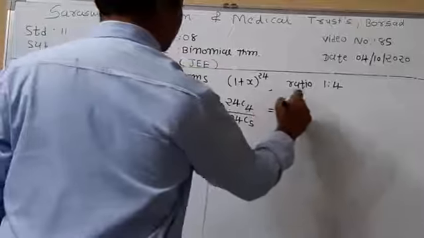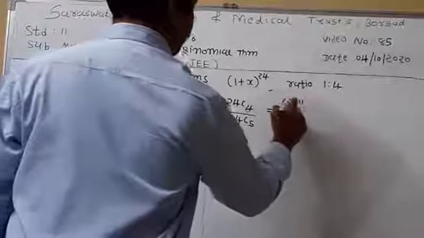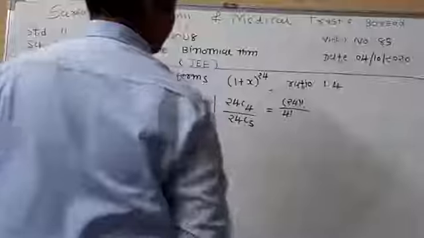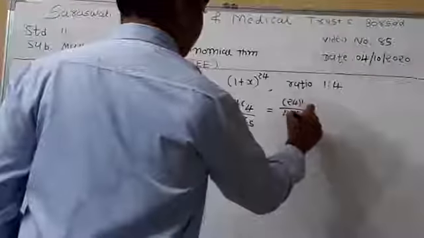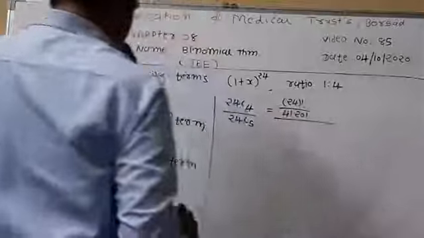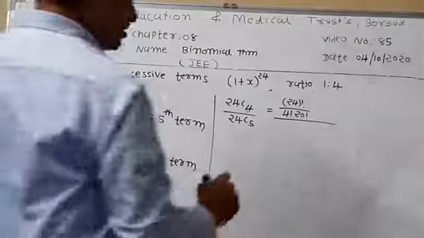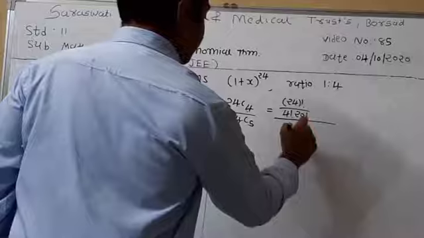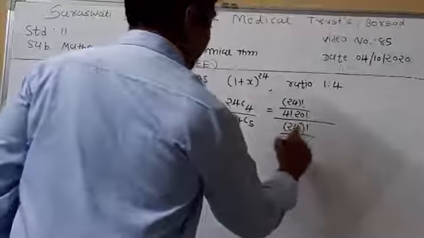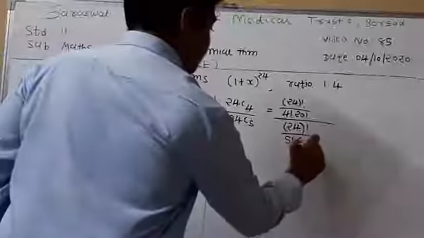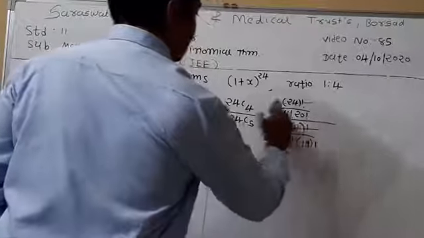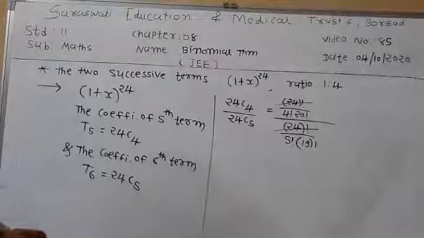So 24C4 means 24 factorial upon 4 factorial and (24 minus 4), that means 20 factorial. In the same way, in the denominator 24C5 means 24 factorial upon 5 factorial and (24 minus 5), that means 19 factorial. 24 factorial and 24 factorial cancel.